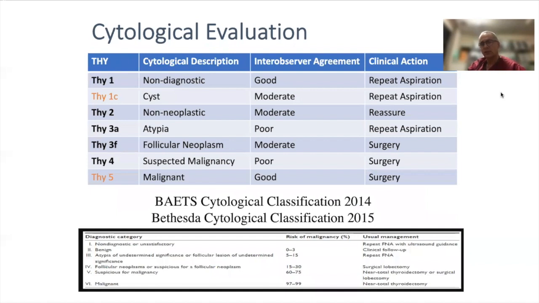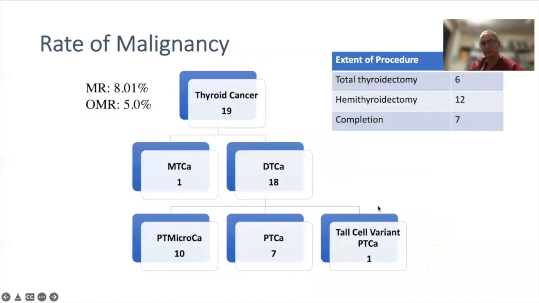In terms of the cytological evaluation, obviously we use the current Thy system, 1 to 5, and in Europe and other parts of the world they use the Bethesda classification.